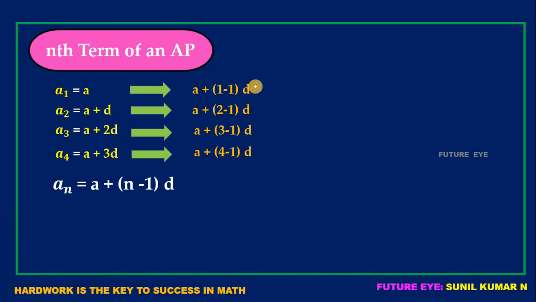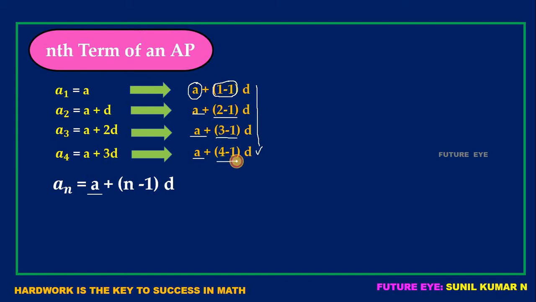Look at here. In this, the a term we have written as it is. It means the first term is not changing. So a we have written as it is. And here, in the first term place, we have subtracted 1 from 1. In the second term, 1 subtracted from 2. In the third term, we subtracted 1 from 3.